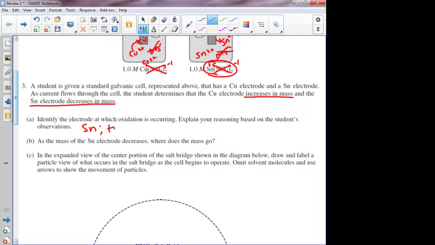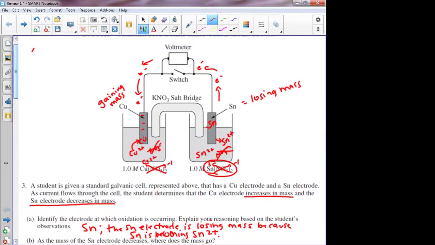Explain your reasoning. The tin electrode is losing mass because tin is becoming Sn2 positive. Is that oxidation when something becomes more positive? Yes, because remember, OIL RIG: oxidation is loss of electrons, reduction is gain of electrons.